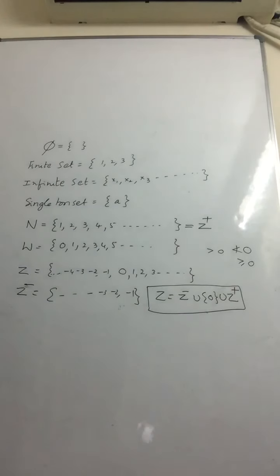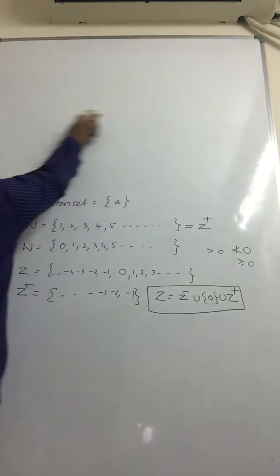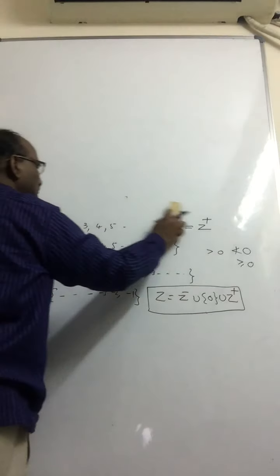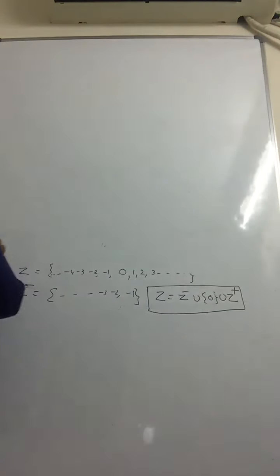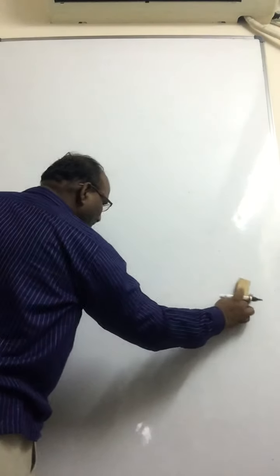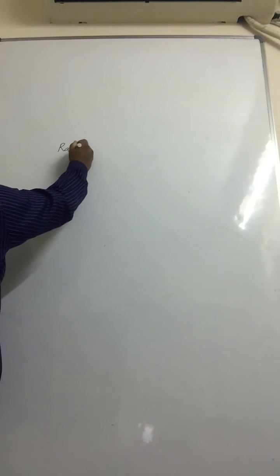This is how we define the set of integers. Okay. So what is an extended system for integers? So rational numbers.